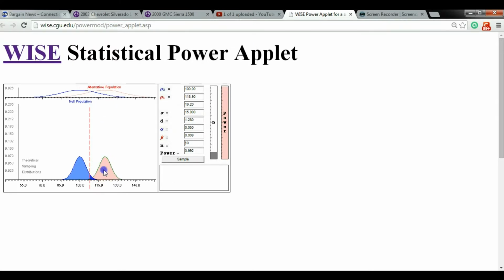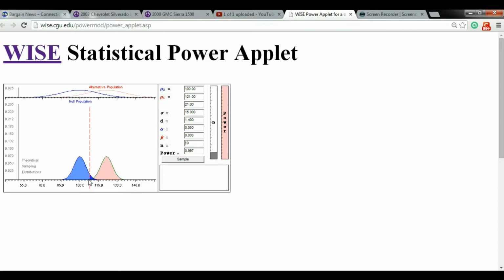And what that's going to do, there's 121. There it is. What did that do to power? Well, that increased power. This region now is 99.7%. There's only a little tail over there.